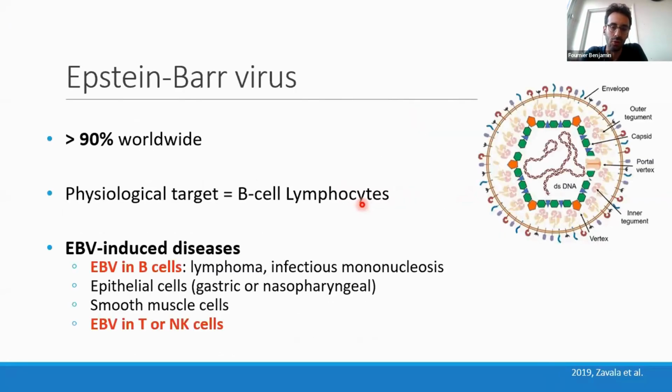As previous speakers have mentioned, EBV infects B lymphocytes during primary infection, and EBV-driven diseases are mainly related to EBV-infected B cells, such as Hodgkin lymphoma or Burkitt lymphoma, or, during primary infection, infectious mononucleosis. But there are also diseases where EBV infects T or NK cells, and I will try to talk about both of these subsets of diseases.